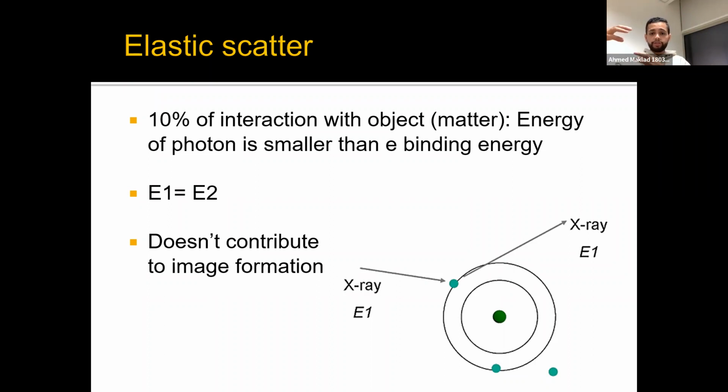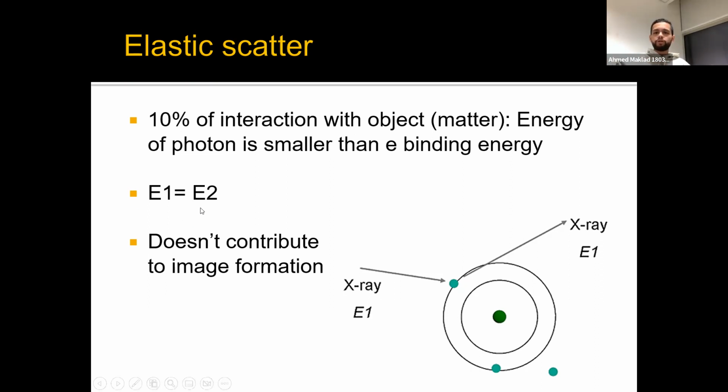It's going to be lower in energy. And this is what changes the X-ray film or the X-ray sheet. But if it just bounces off without changing energy or changing states, it's not going to cause anything. It's not going to distort your image. It's not going to make it better. It's not going to affect you because you didn't change the structure of the atoms in the body. Cool. That's basically what elastic scatter is.